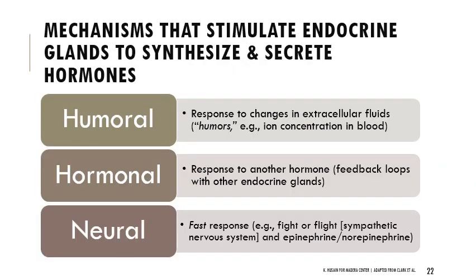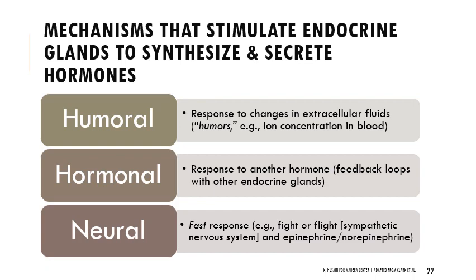So when we're thinking again about this idea of regulation, there's a few different things that send signals to our endocrine glands to synthesize and secrete hormones. So the endocrine glands make the hormones and they also release them when the time is right, when they receive a signal. So that signal might be humoral, it might be in the extracellular fluids. Humors is just kind of like an old-timey word for body fluids.